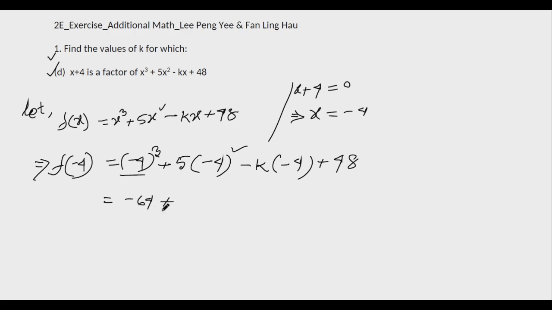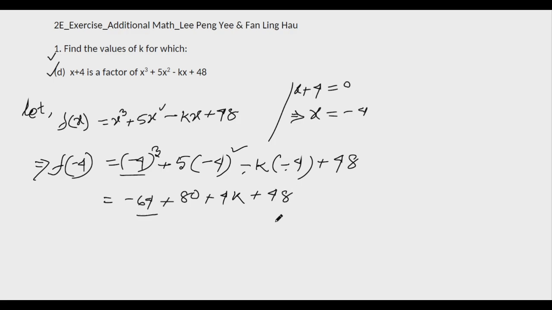From this value, 16 multiplication 5, we will get 80. Then this minus and this minus will become plus 4k plus 48.